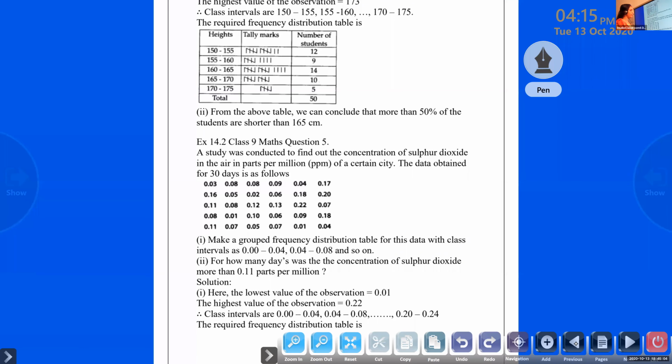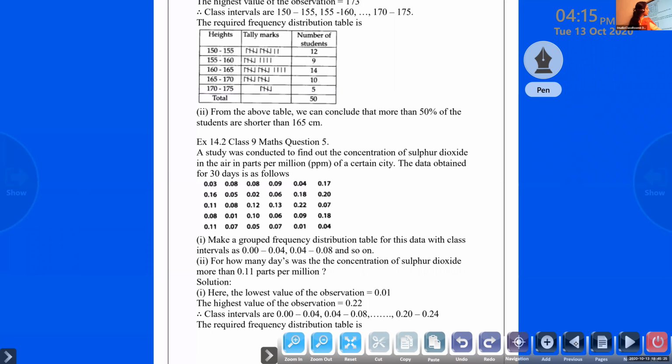You are copying from the board. I sent the same question to you, right? Children, write the question in your notes, put the tick mark and select from your notes. Don't look at the board and select.